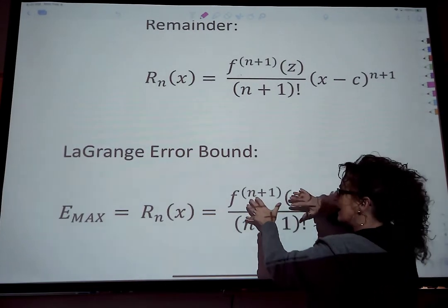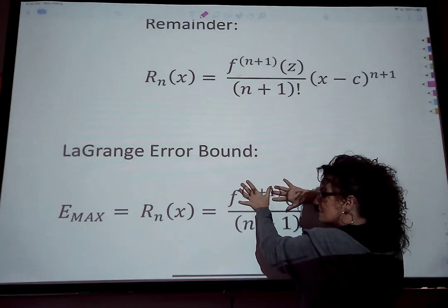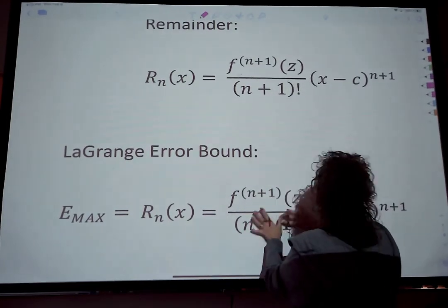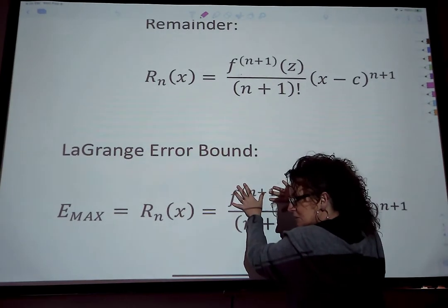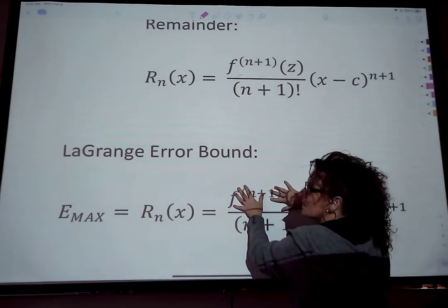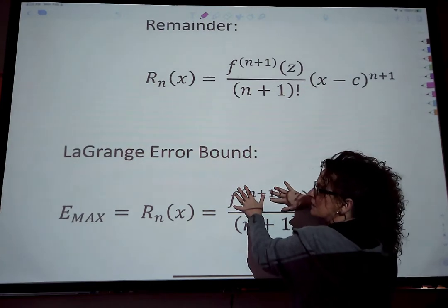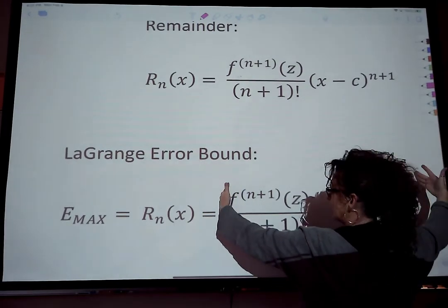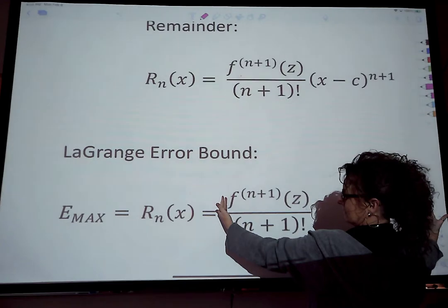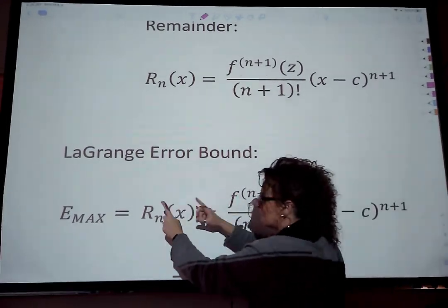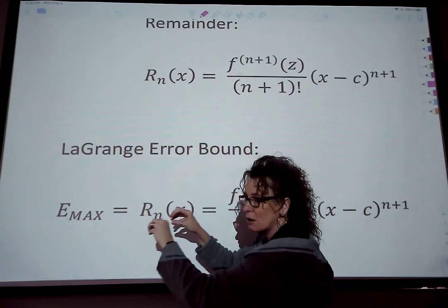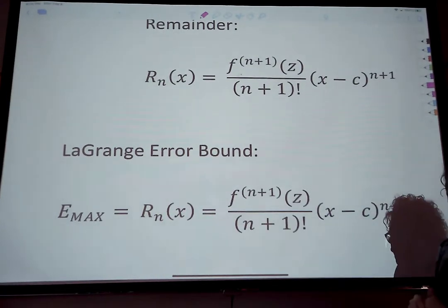And if I can say, this is as big as this is going to be, and I know this for a fact, this is the biggest that this is going to be, then I can tell how big this is going to be. And I can say, this is my maximum. My error has to be smaller or equal to that.